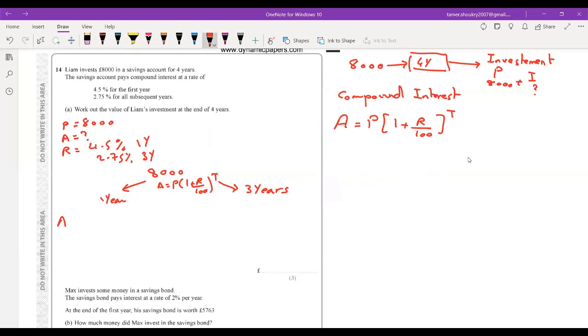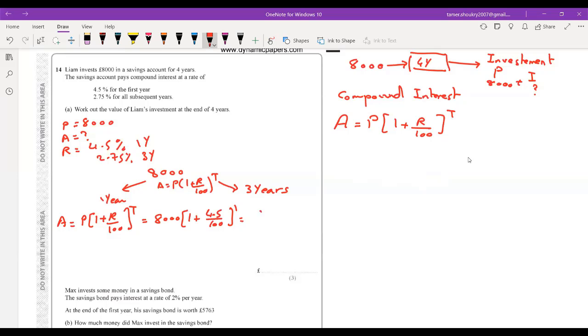So in the first year, the amount will be the principal multiplied by 1 plus R over 100 to the power T. T here in the first year is equal to 1 because she invested for 1 year, and R is equal to 4.5. So in this case, we will have 8,000 multiplied by 1 plus 4.5 over 100, all to the power 1.